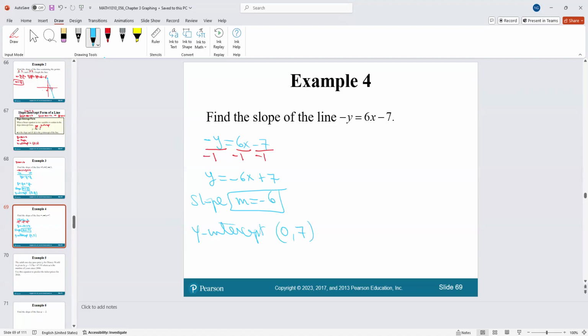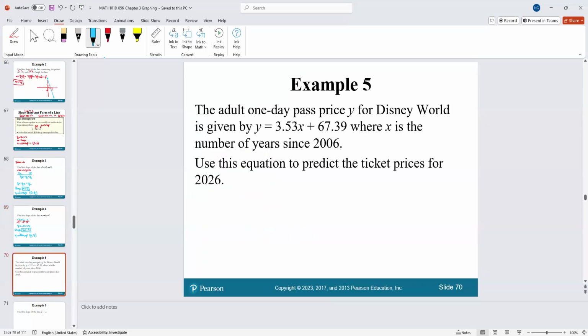Would this graph rise from left to right, or fall from left to right? It's going to fall from left to right, simply because the slope is negative.